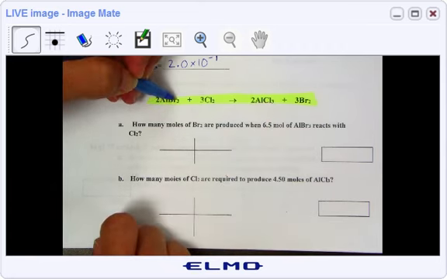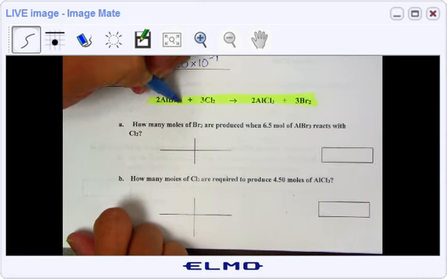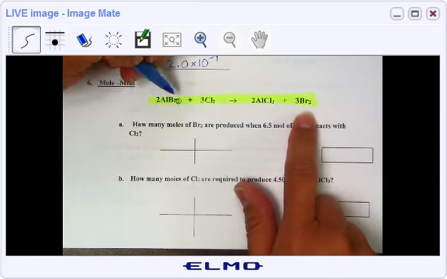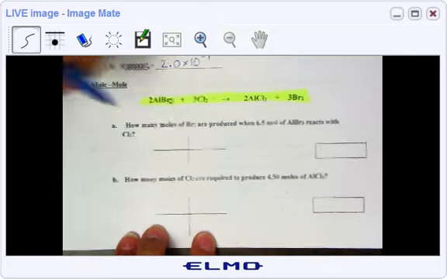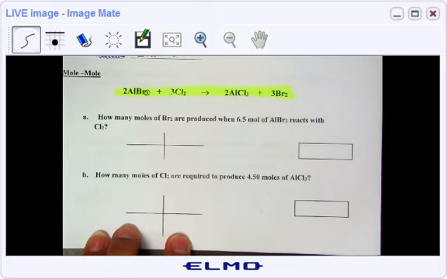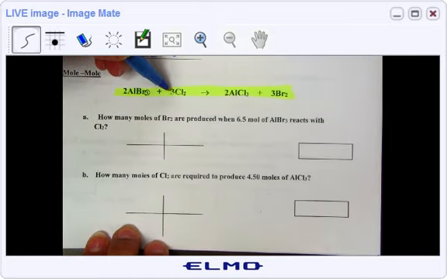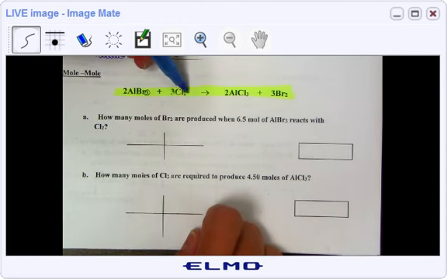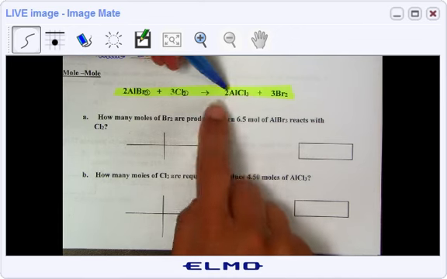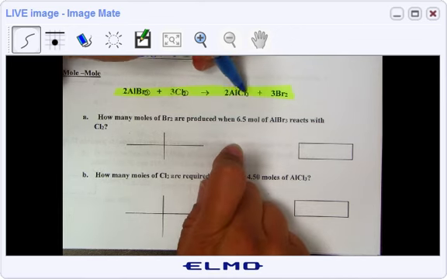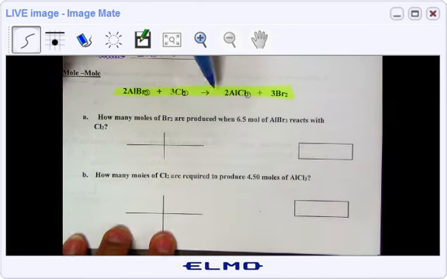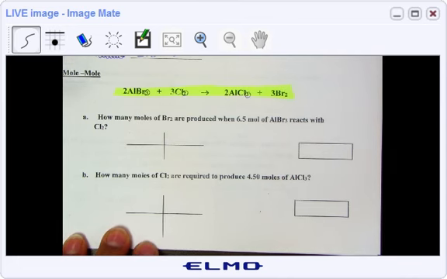I have 6 Brs, because it has a little 3. But I have 6 Brs here as well. And I have 6 Cls because of the little subscript here. And I have 6 Cls here as well. So after we know it's already balanced, we can begin the equation.